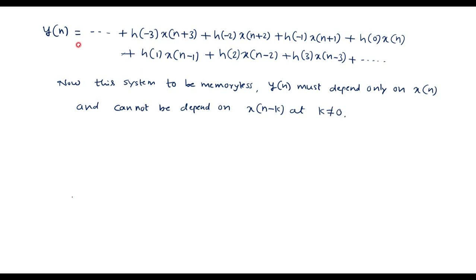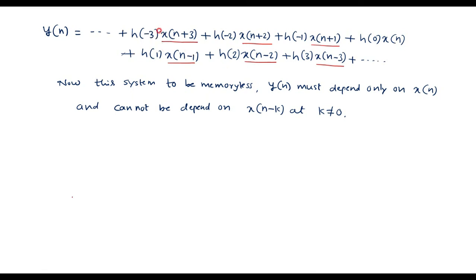So now in this equation we can see that x of n plus 3 is a future value of x of n. This is also a future value of x of n, whereas x of n minus 1, x of n minus 2 and x of n minus 3 are past values of x of n. So for the system to be memoryless, y of n must depend only on x of n but not on x of n minus k at k not equal to 0.